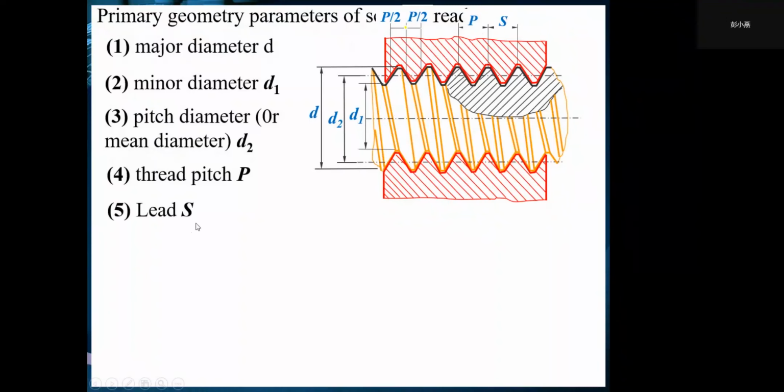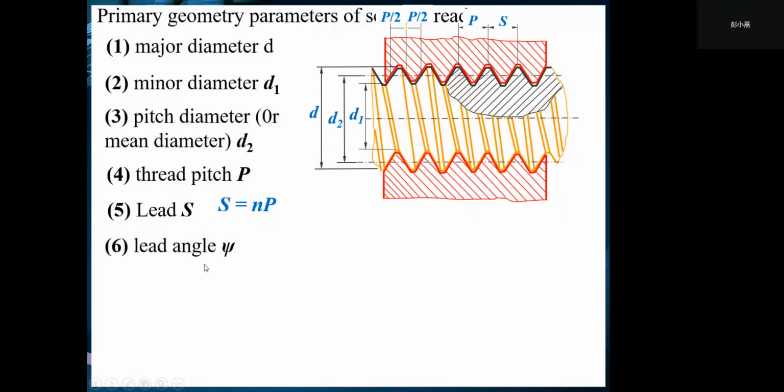Lead S or L is the actual distance the mating thread will advance in one revolution. For a single threaded screw, lead L is equal to the thread pitch P, but for a multi-threaded screw, the lead is n times P, where n is the number of threads.